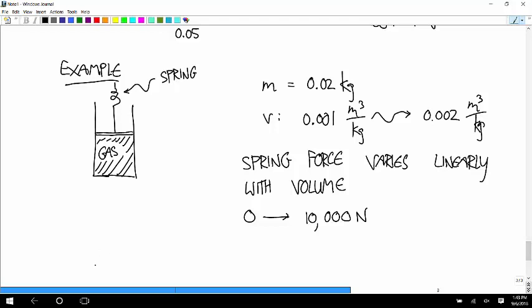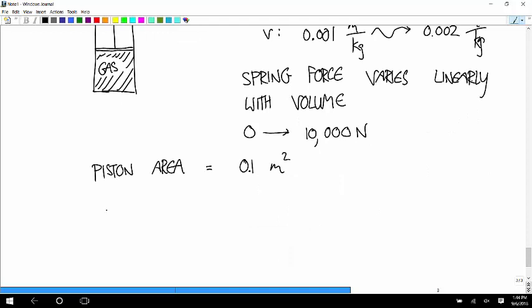Let's say that the piston cross-sectional area is 0.1 square meters. It's an area. And the atmospheric pressure is 1 bar, or 1 times 10 to the 5 pascals.